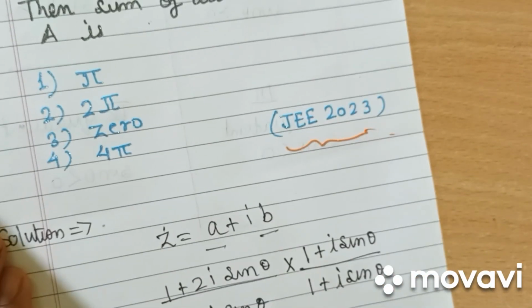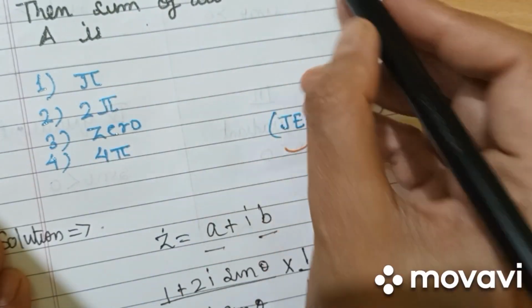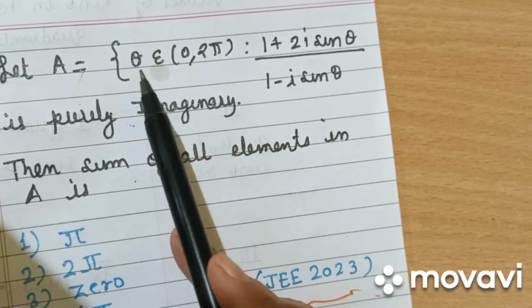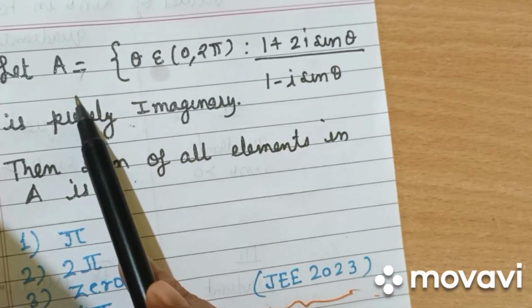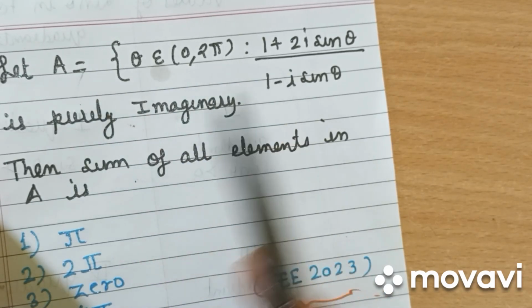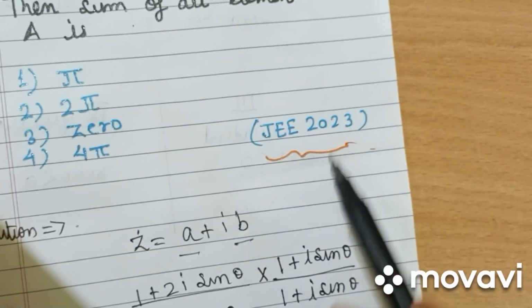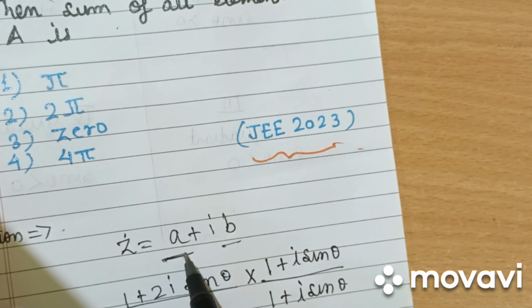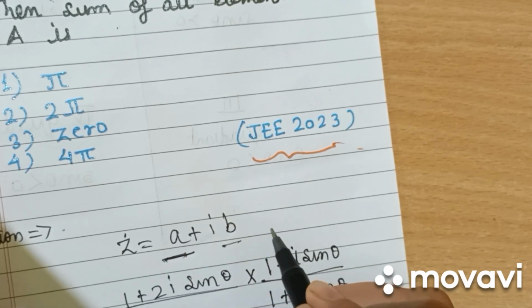Now see guys, we have been given that all the values of theta lying in the set A give purely imaginary values. Since all the values in this set are purely imaginary, we have to put the real part equal to 0.